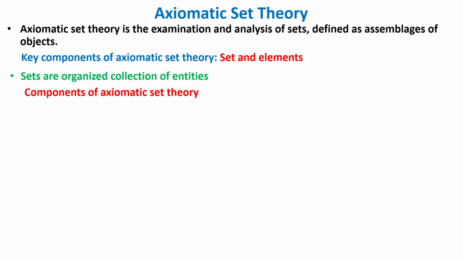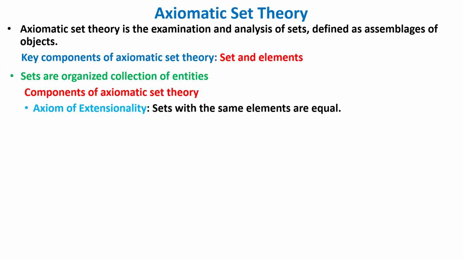Now, some key components of axiomatic set theory include the axiom of extensionality, and this states that sets with the same elements are equal.